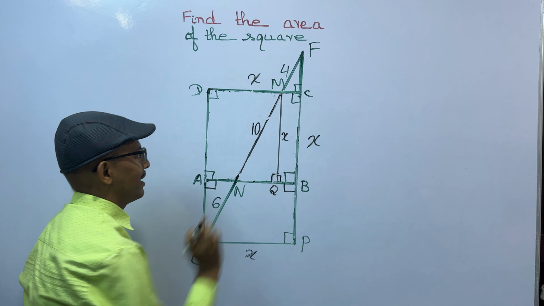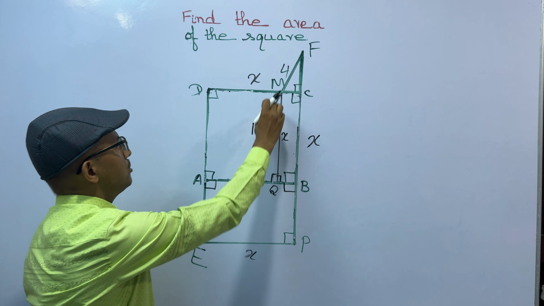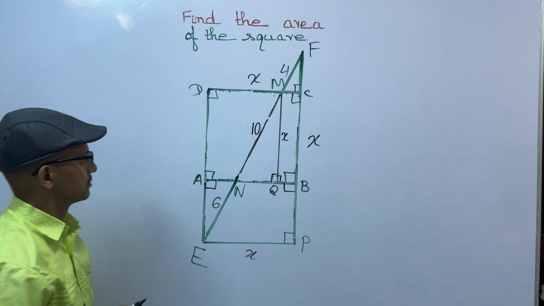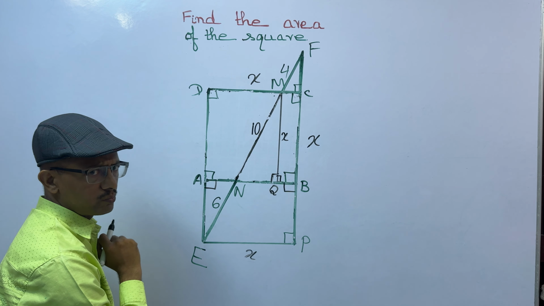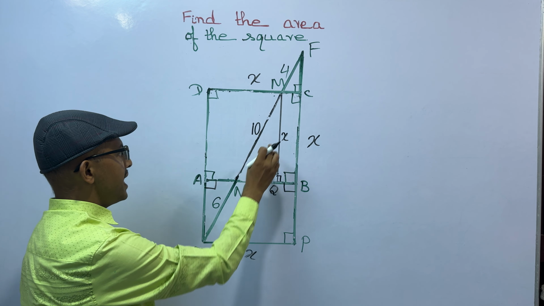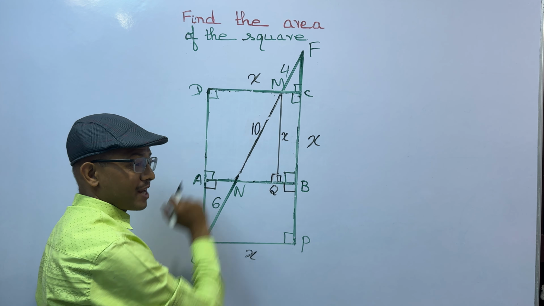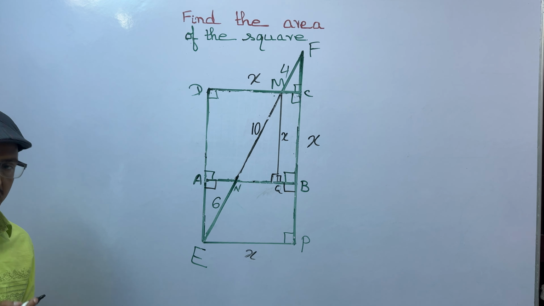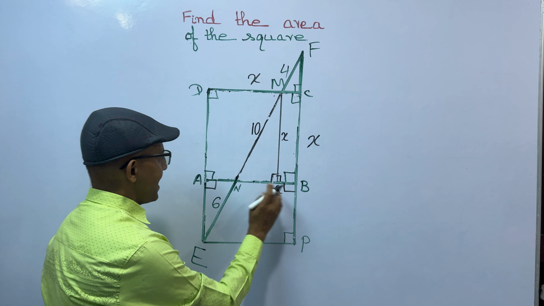Opposite sides are equal. Consider this triangle MQN. If I know the side NQ, then I can find x by applying Pythagoras theorem and I'm done. Let us try to determine NQ.